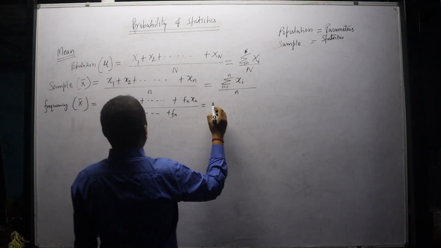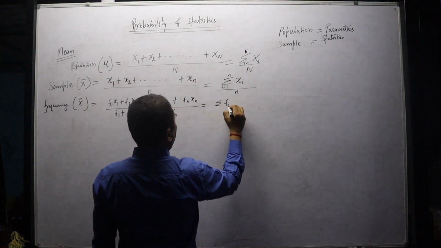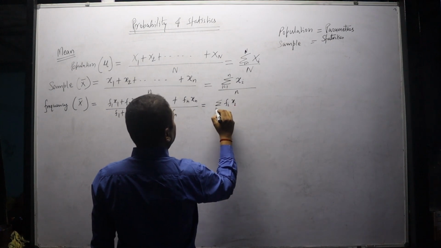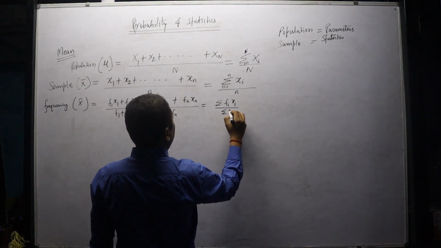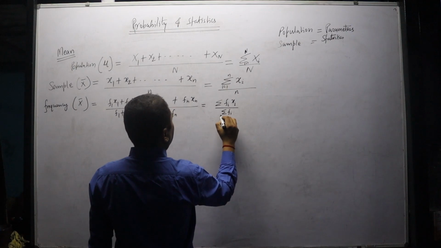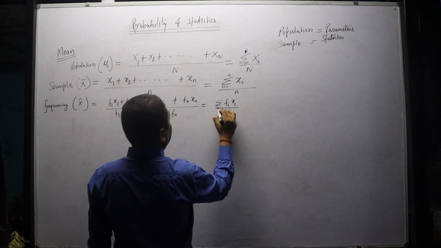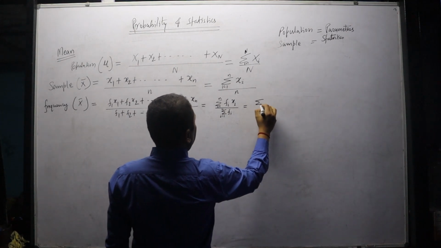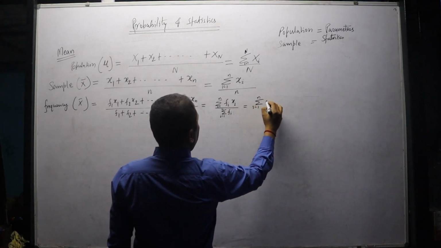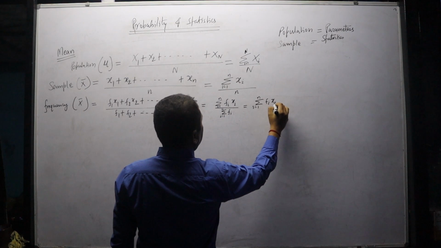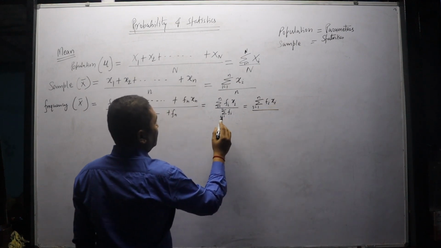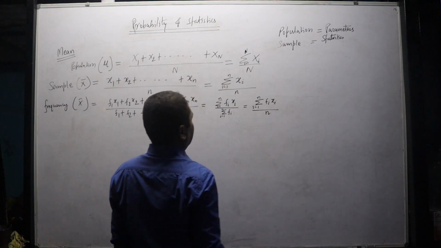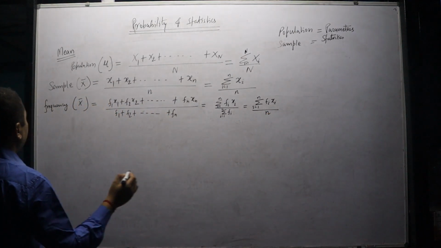So this is equal to summation of fi xi divided by summation of fi, where i equals 1 to n. And this can be further written as summation i equals 1 to n of fi xi divided by the summation of all the frequencies, which should give us the sample size. This is again very simple.